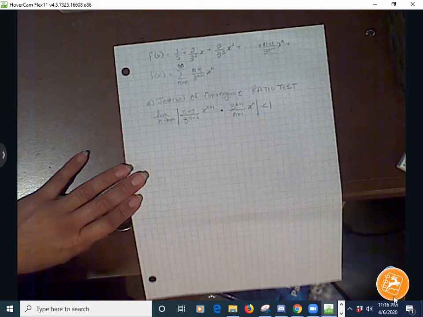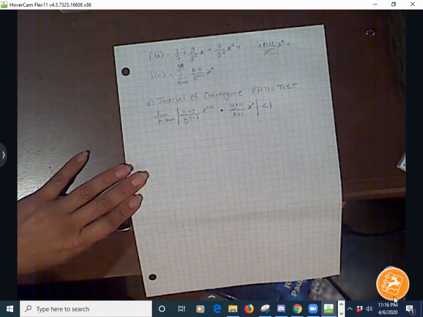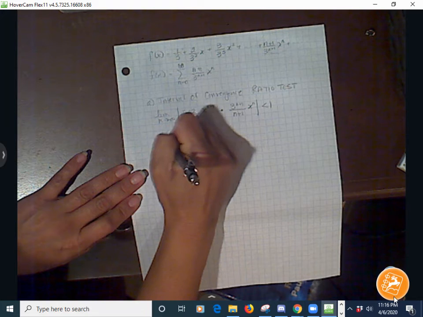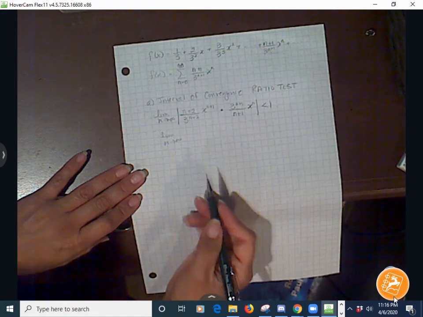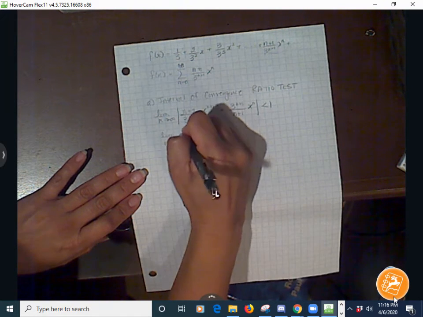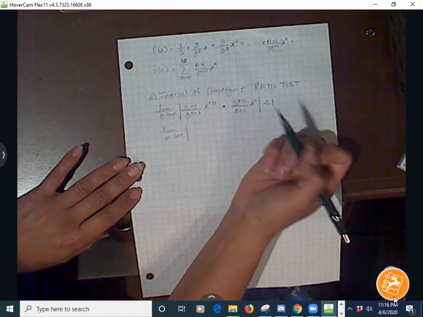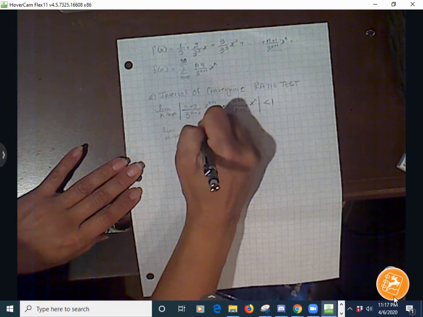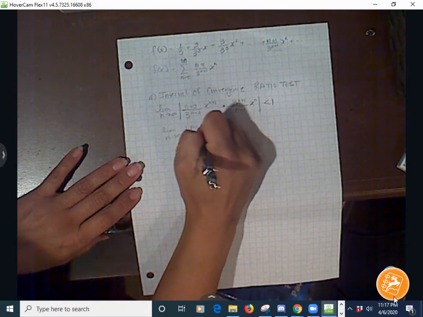And we want this to be less than 1 in order for this to converge. So limit as n goes to infinity. Let's simplify what we have inside the absolute value. That's going to be n plus 2 divided by n plus 1.